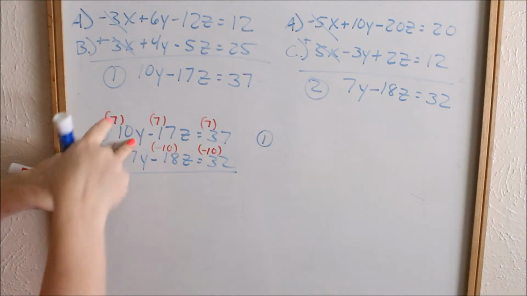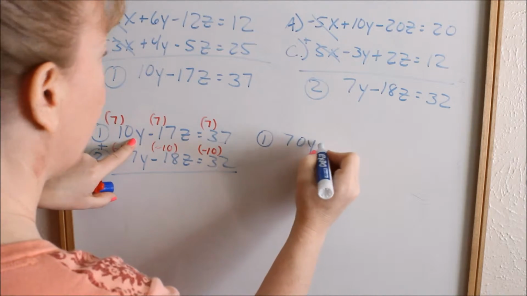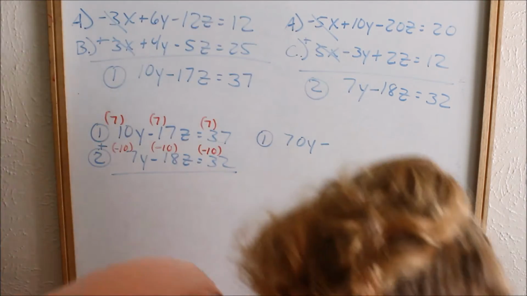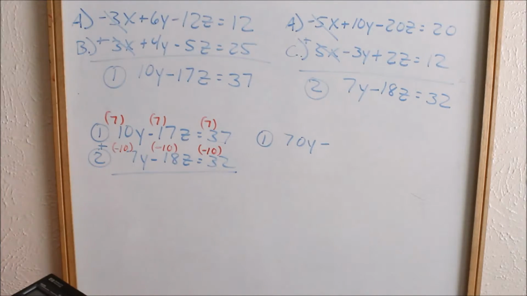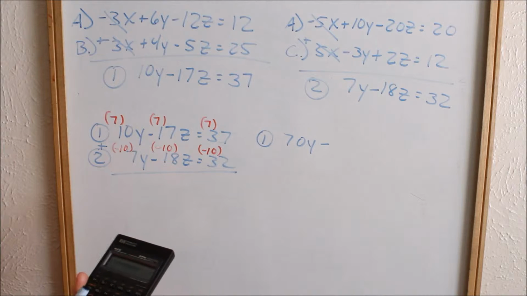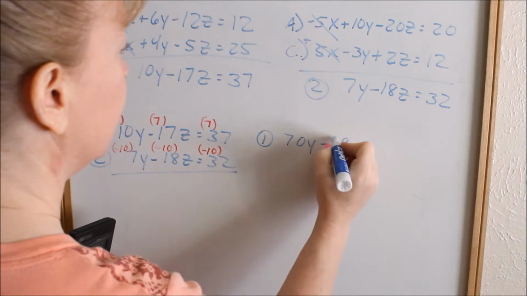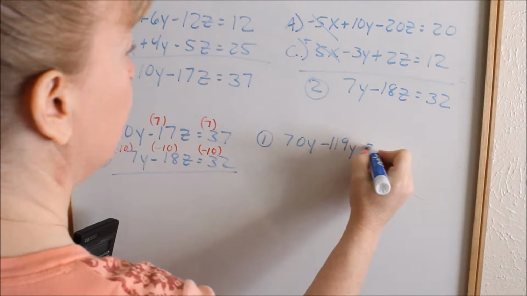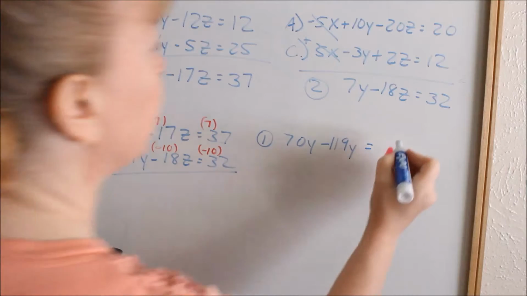So equation 1, multiplying everything by 7. This would be a 70y minus 119z, and then 7 times 37, 259.